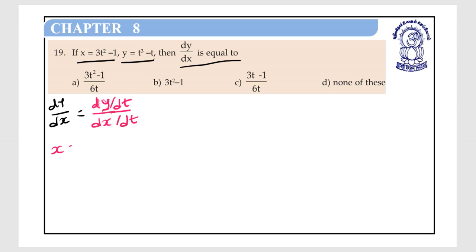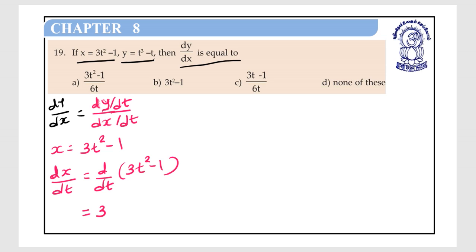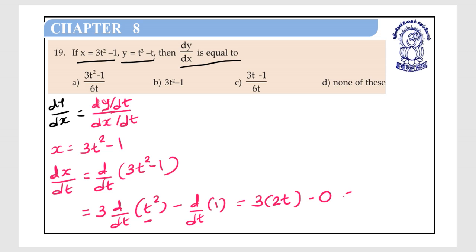So x is equal to 3t square minus 1. So dx by dt is equal to d by dt of 3t square minus 1. 3 common, d by dt of t square minus d by dt of 1 is equal to 3 into 2t, 2t minus constant term 0, 3 2s are 6t.